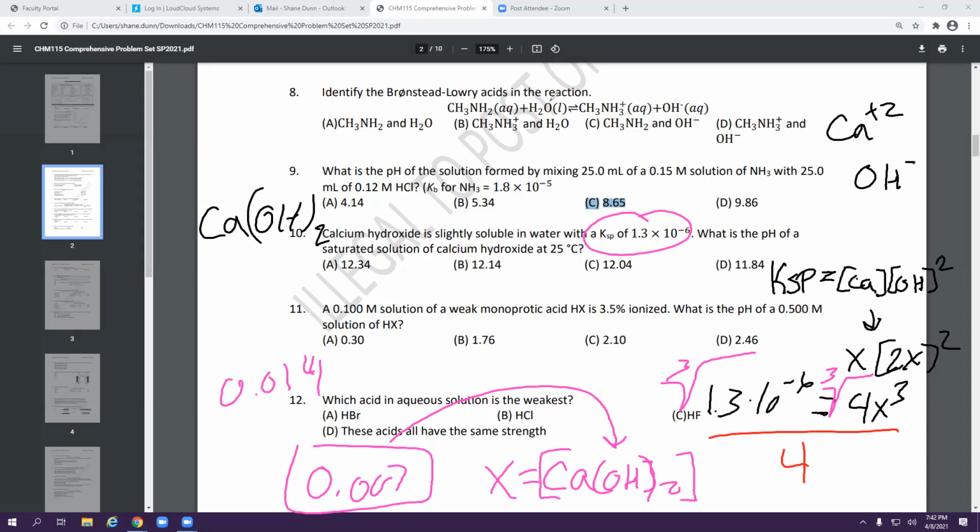That's why I rounded up, so I could do mental math much easier. That's because there are 2 OHs in calcium hydroxide. For every one concentration I have of Ca(OH)2, I have double the amount of OH in solution. That's why I multiply by 2.